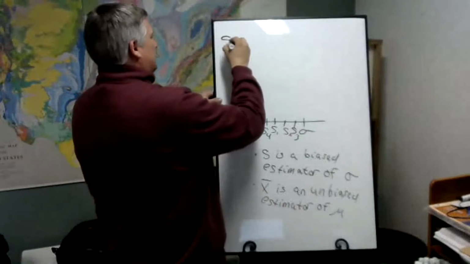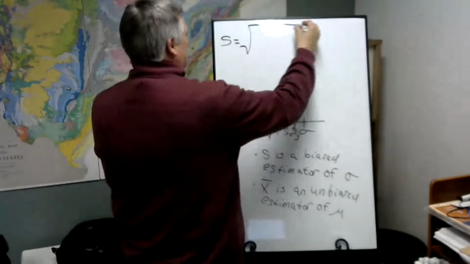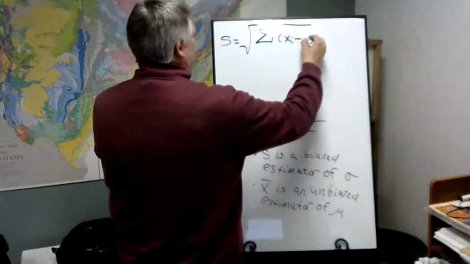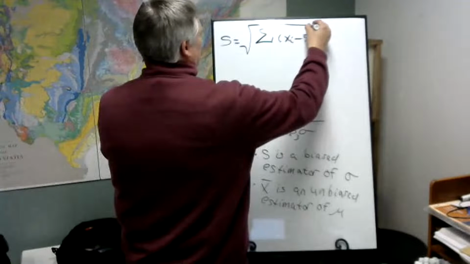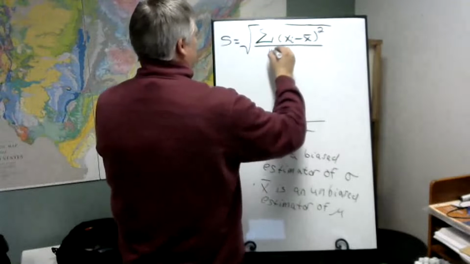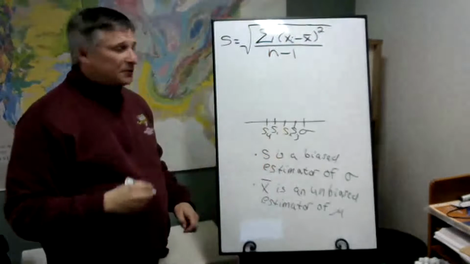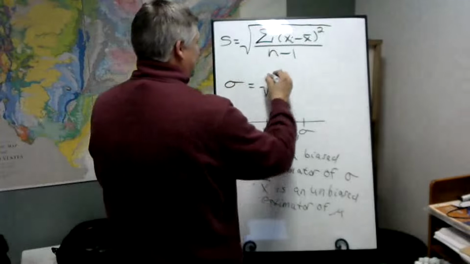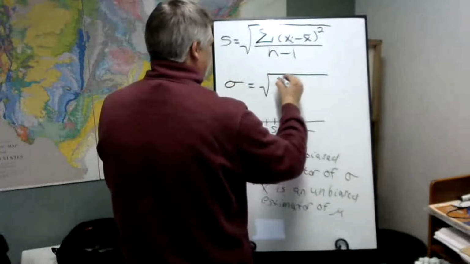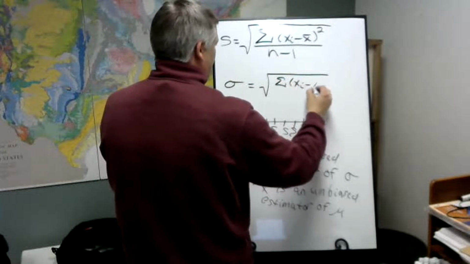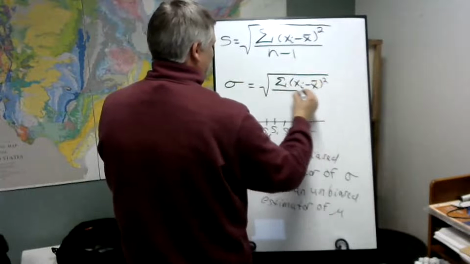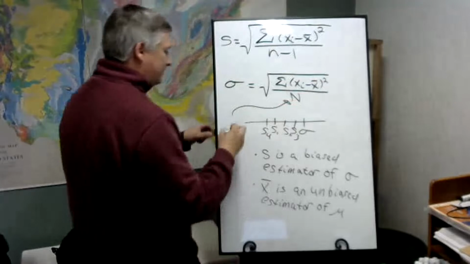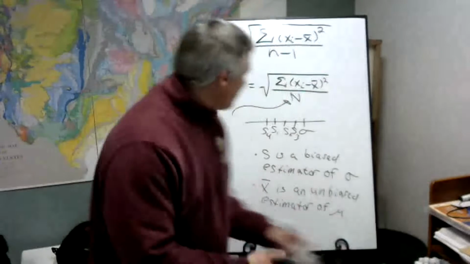S, as you might recall, was this. Sigma has a different definition. And N here is going to be the population size.